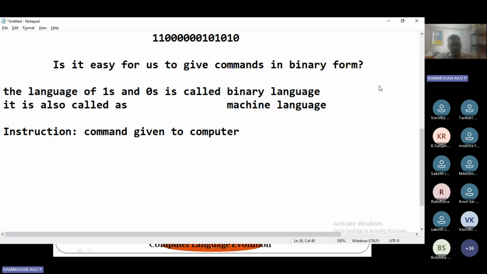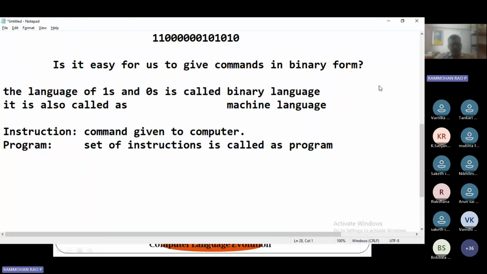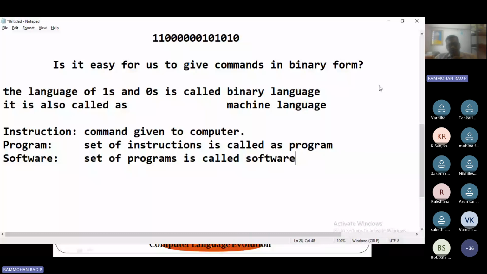A set of instructions is called a program. A set of programs is called software.